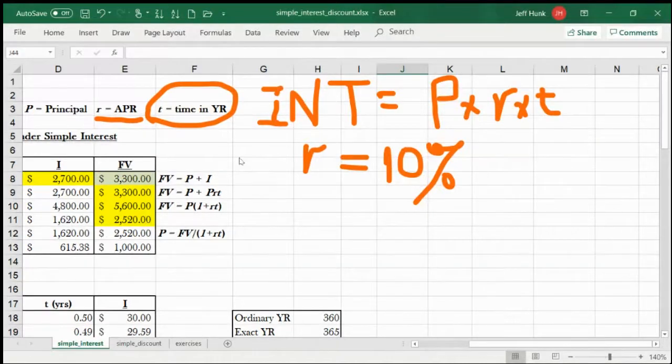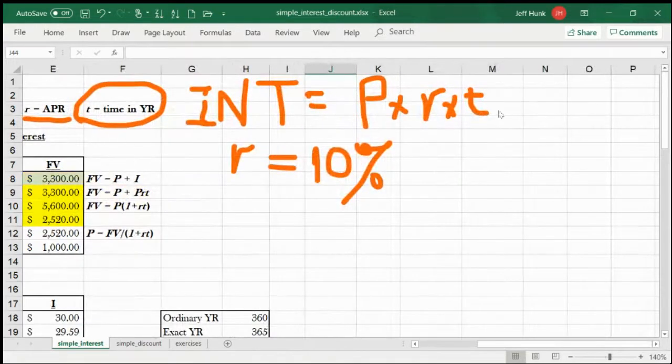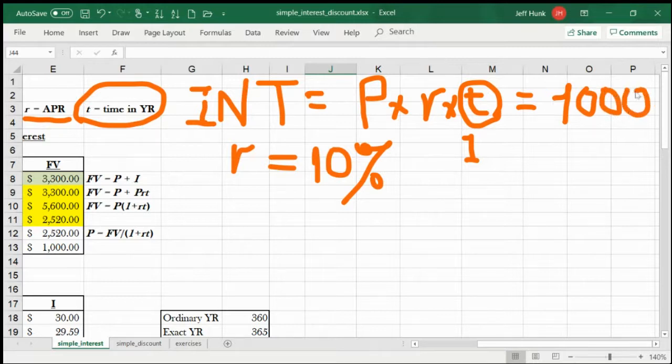So we don't have to write T anymore because it is 1. So we know interest is $1,000 or 1K.